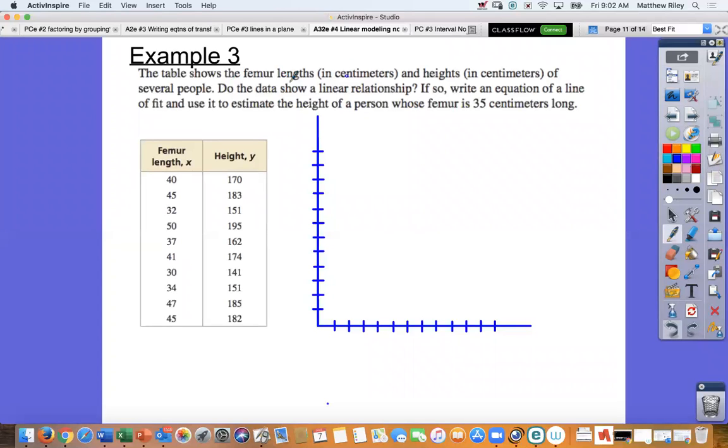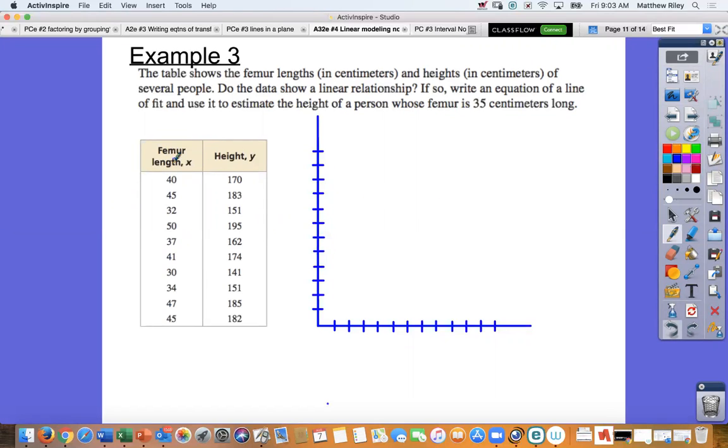So always read this. The table shows the femur lengths and heights of several people. Does it show a linear relationship? Basically, by a linear relationship, what I would expect is that the longer the femur, the taller or the bigger somebody is.